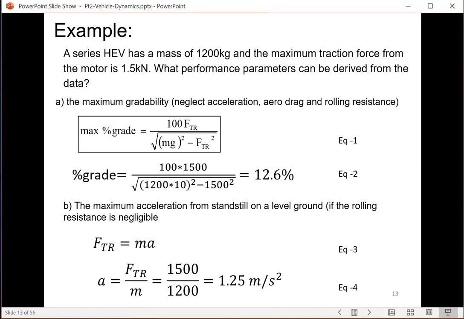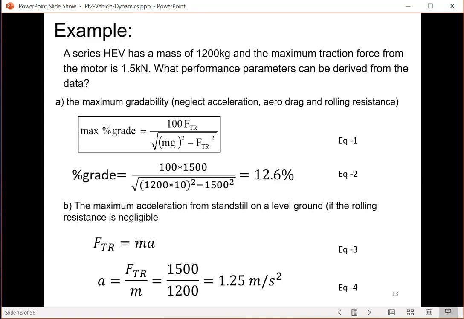So we just ignore all the resistances, and therefore FTR equals MA. I've got rid of all the other forces on this side. Therefore A equals FTR over M. That's the ideal, absolute maximum acceleration you can get out of this car.